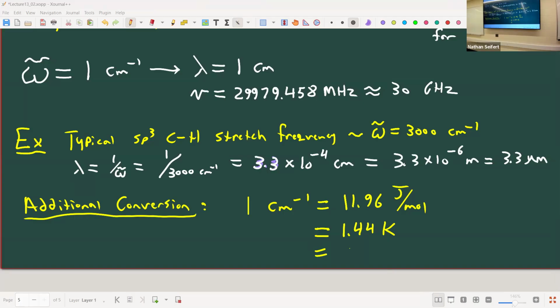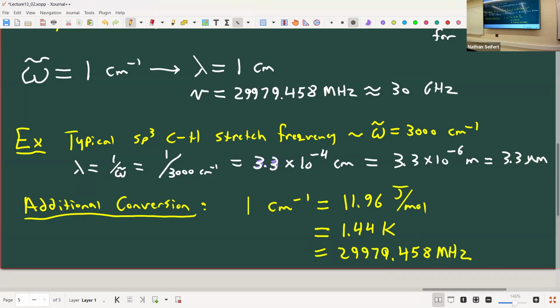Oh, I already did frequency. 29979.2458 megahertz. Right, so very useful unit. Really good to remember the wave number. It comes up all the time in this class, and it comes up all the time professionally in chemistry as well. Really, really useful.